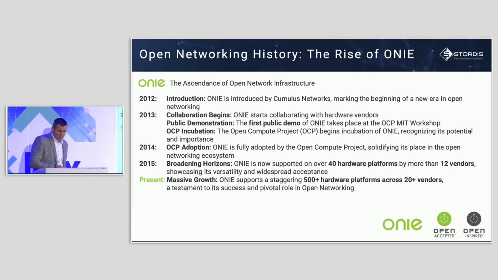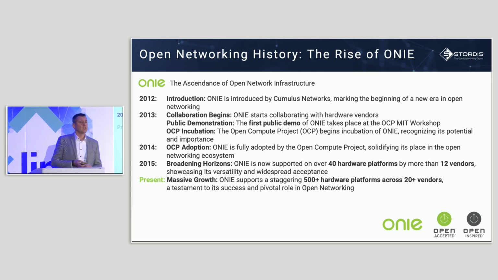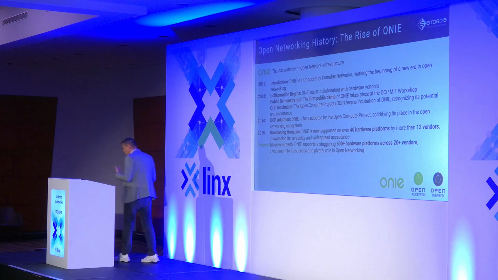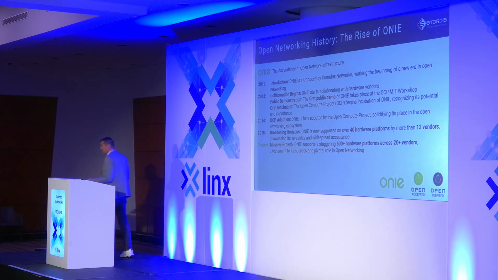In 2015, we see that it's not a significant growth from zero to hero. It is around 40 open networking hardware devices with ONIE, but provided by quite a nice diversity of vendors, 12 at that time. If we go to the present, on the market you will find more than 500 different open hardware devices.